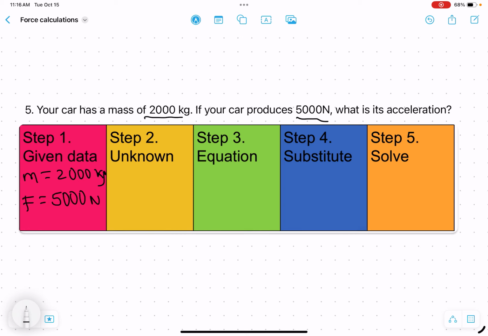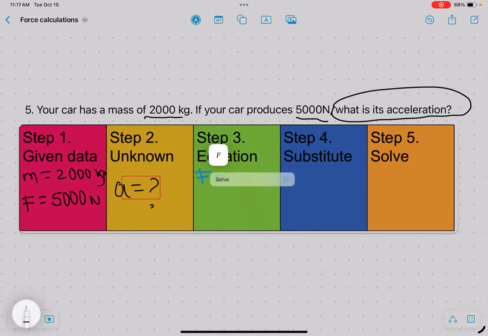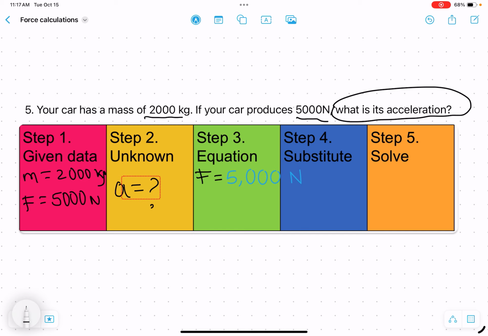And what are you looking for? They say, what is the acceleration? So A equals question mark. And the equation that you know, you memorized this already. Force equals mass times acceleration.